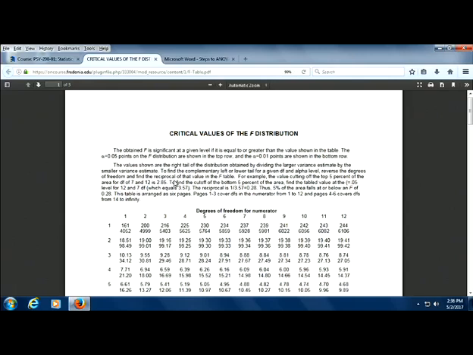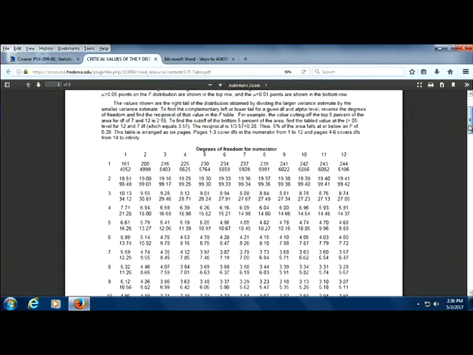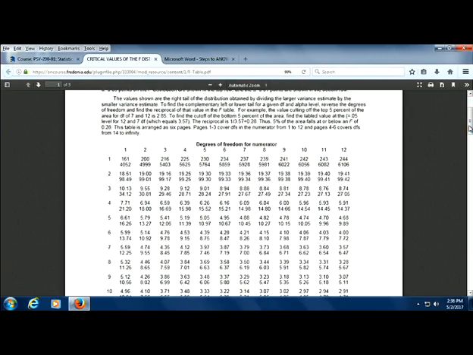This is our F table. Okay. And our F table, we have two values. The top part there says degrees of freedom for the numerator, and the side left is the degrees of freedom for the denominator. And our top row of each one, okay, the top is 0.05 and the bottom is 0.01.